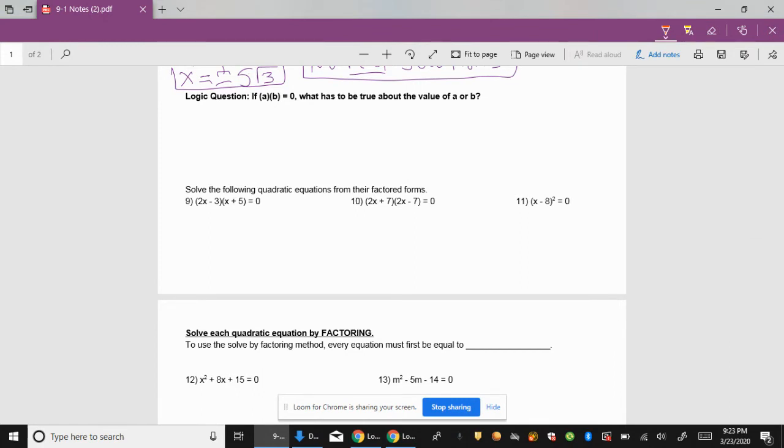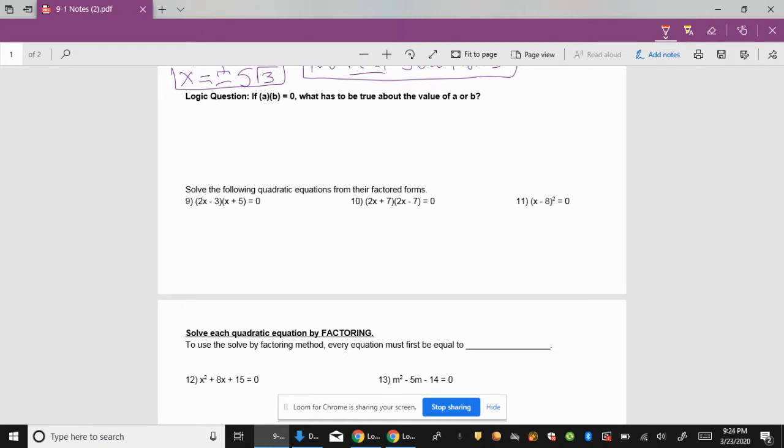So now we're going to move on to another method, and we're going to start with a logic question. If a times b equals 0, what is true about the value of a or b? So kind of think about it for just a second. A times b equals 0. What has to be true about a or b?